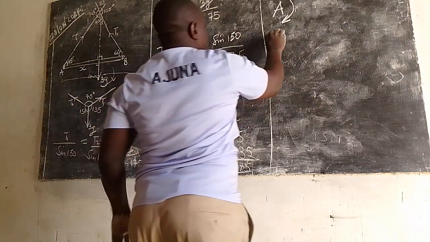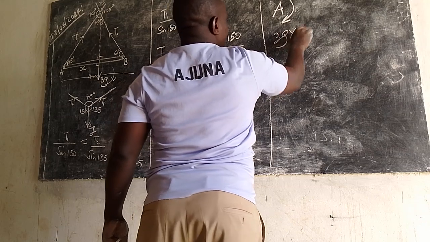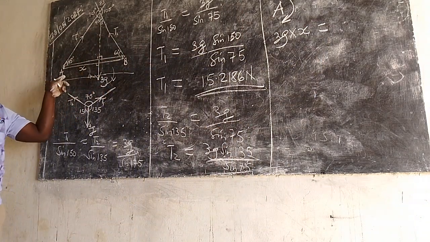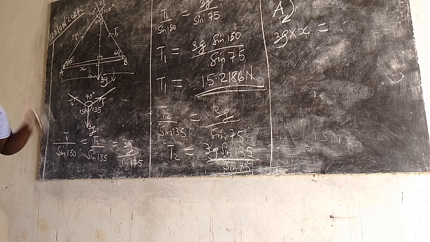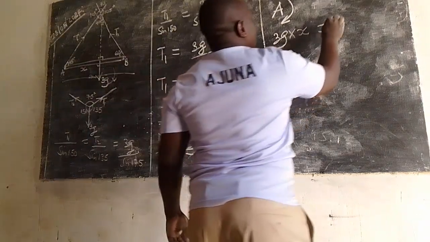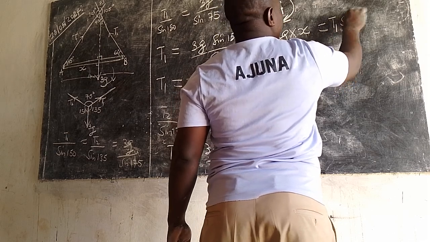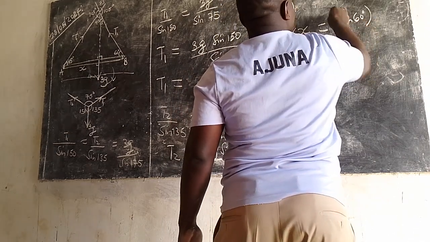Therefore, I will have 3g times x, because I've said let this be distance x. Then this is going to be the force T2 sine 60 degrees.